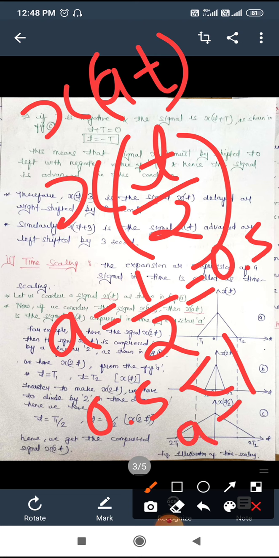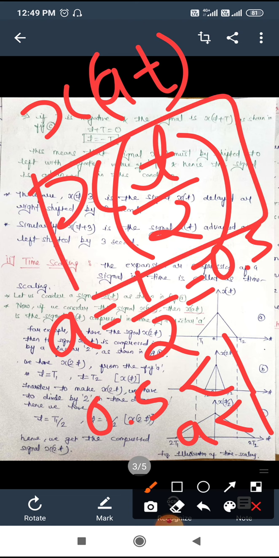Obviously the a value must be less than 1. This is the condition for expansion. If you have to make this time scaling signal, what we have to do is simply multiply by this scaling value.